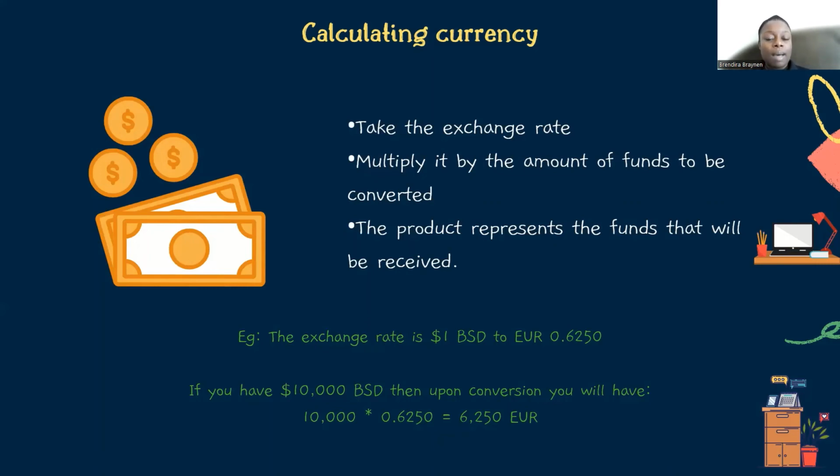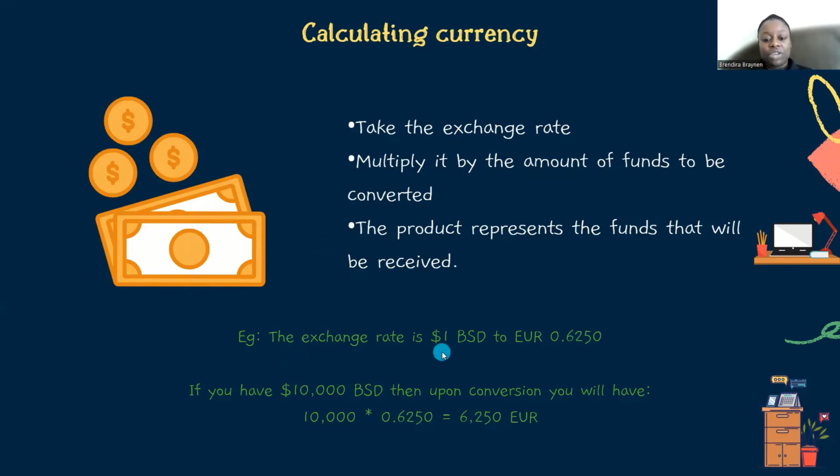And so how that works is normally the bank gives an exchange rate, and that rate is then used to calculate how much one Bahamian dollar is worth in the currency that you want. And so here's an example.